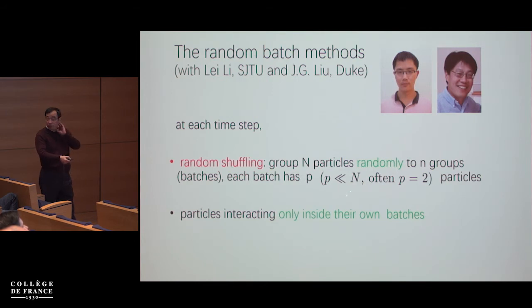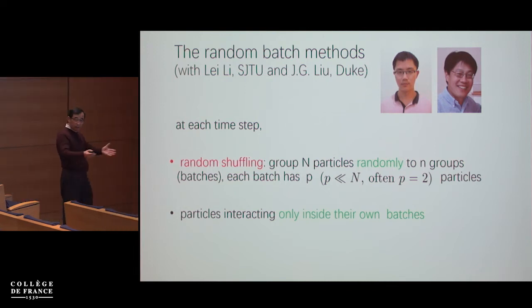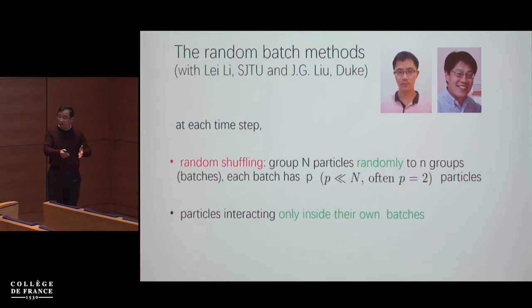And p is much, much smaller than capital N. For example, you can even select p equals 2. It means you have N particles, and you randomly group them into groups of 2 particles. Then the second step: each particle will only interact within its own group. They don't interact with all the other particles.